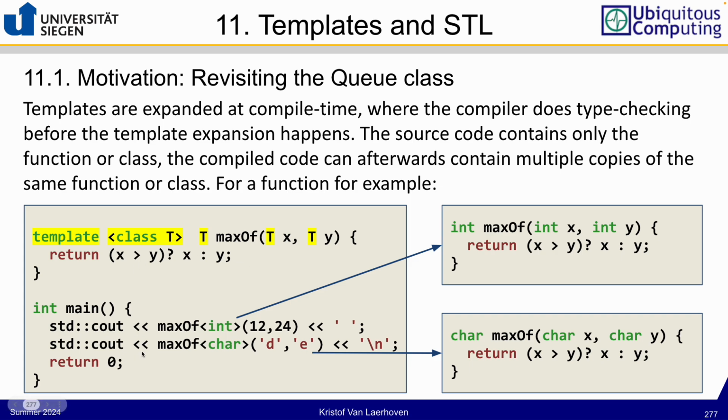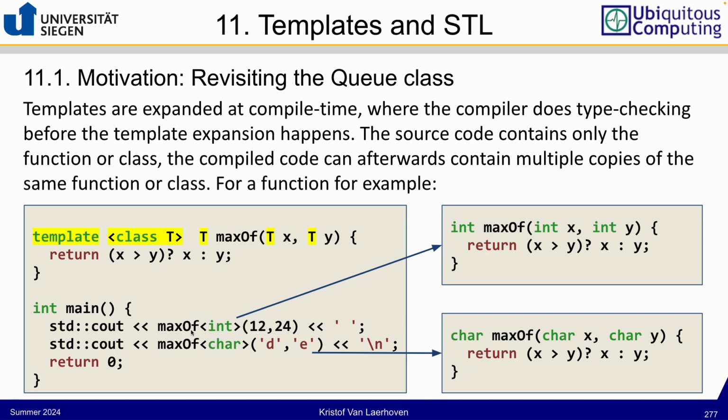So in our main function here in this example, we use this maxof function, and that is the second part of what is new here. After the name of this function, we have to declare, and when this is a class, after the name of the class that we then define, we have to then say which template we're going to fill in. This can be an integer, this can be a character, it could also be our own class type.